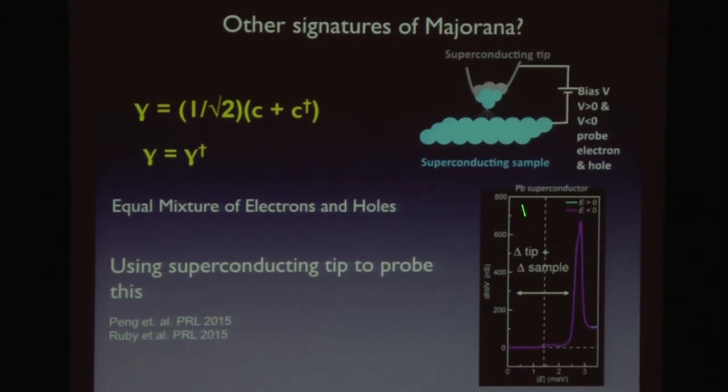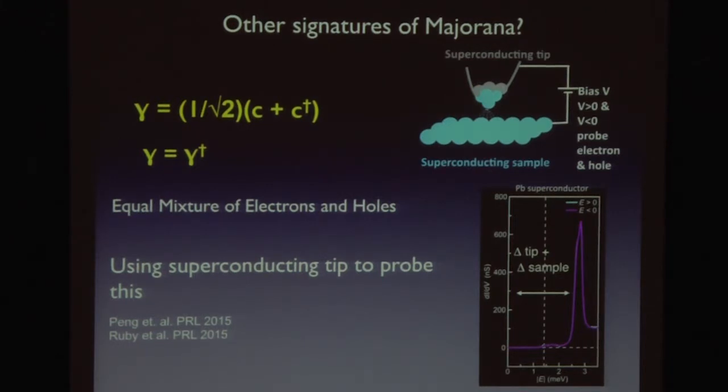When you have a superconducting tip and a superconducting sample, when you try to tunnel between one and the other, you can't do it unless you overcome the gap of the superconductor in the tip and the gap of the superconductor in the sample. So the tunneling looks like this. You get this characteristic spectra, which you can measure both by putting a positive bias on the tip or a positive bias on the sample.